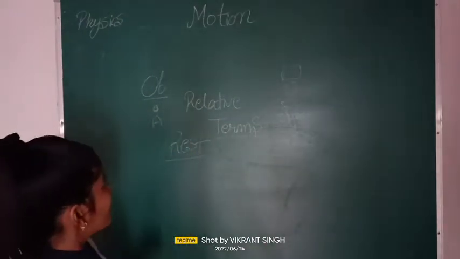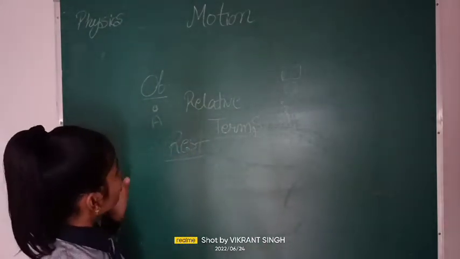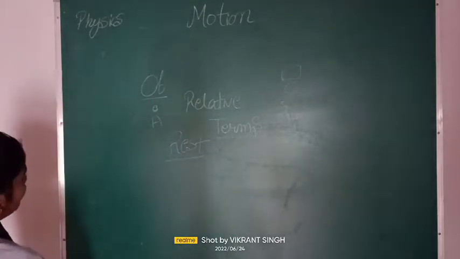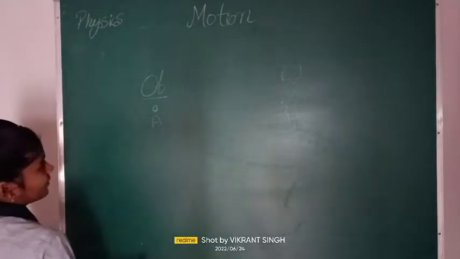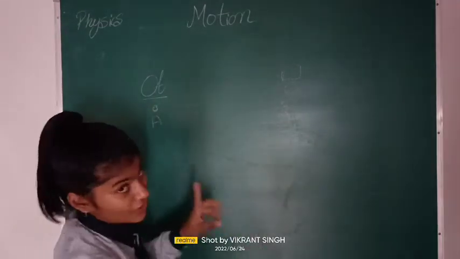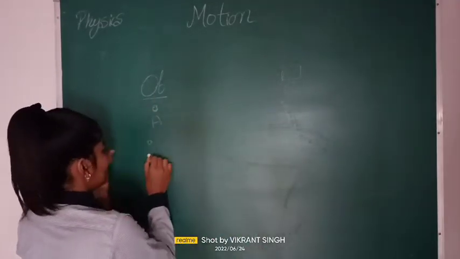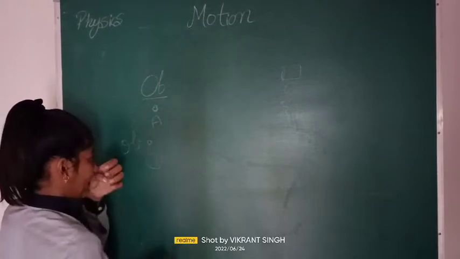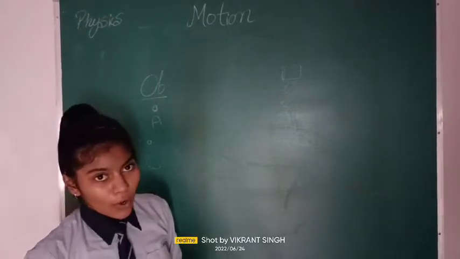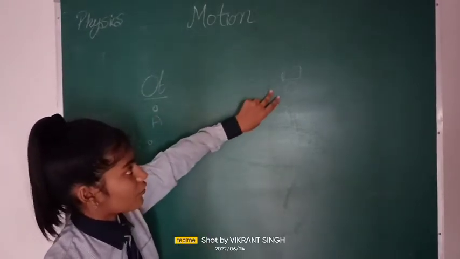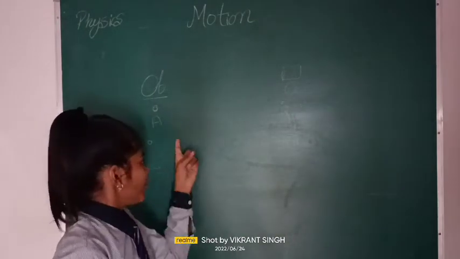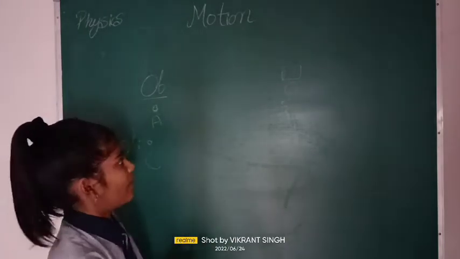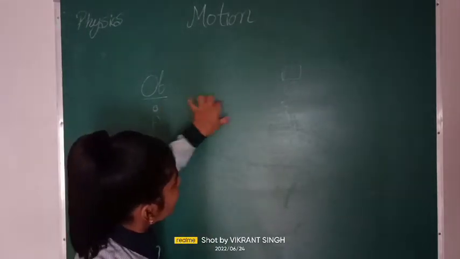Let's suppose there are two observers. Let me first rub this so that you can understand clearly. This is our object. This is observer A. This is observer C. Both are watching the same object at the same time, but they are different observers.